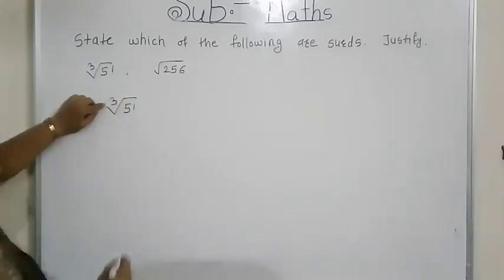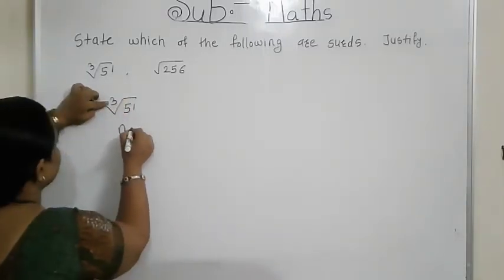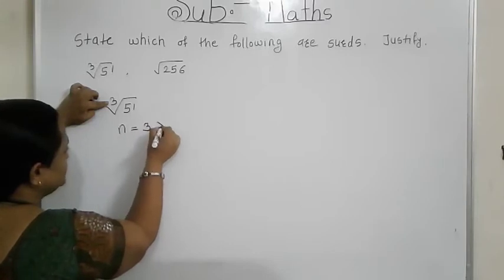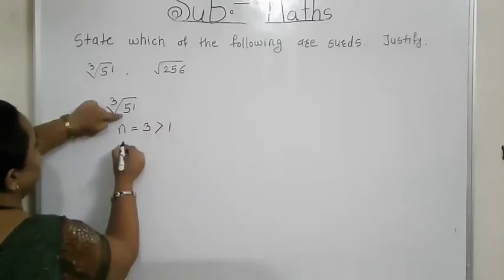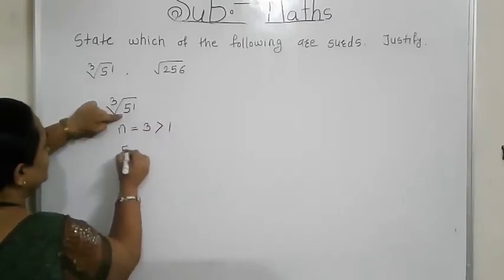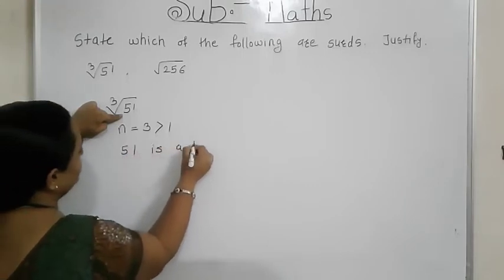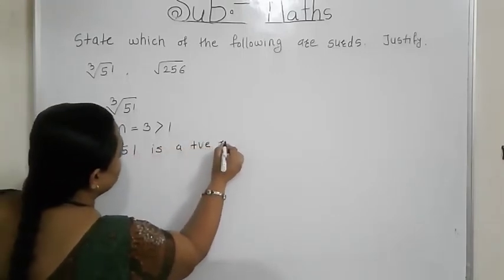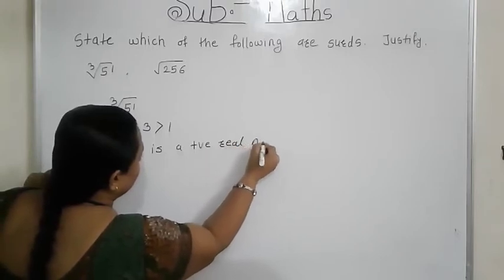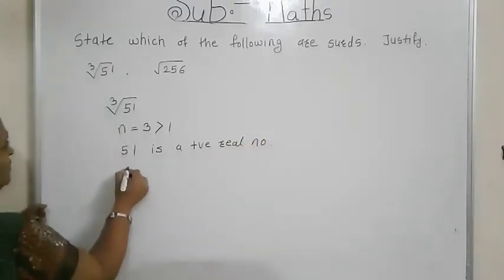Now let's see. First, n is 3 here, which is greater than 1. Radicand is 51. 51 is a positive real number.